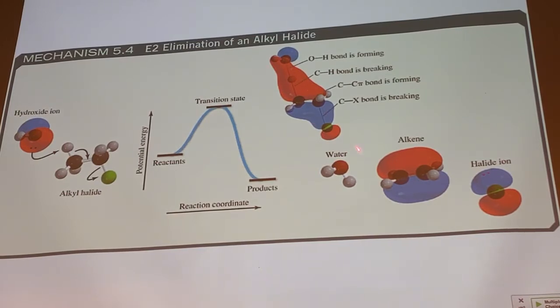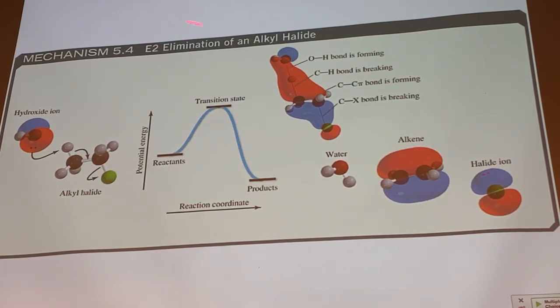And then you see the transition state is kind of complicated because we have more bonds being broken and formed than we've seen before in a single step. At this transition state, we have an oxygen-hydrogen bond that is forming, a carbon-hydrogen bond that is breaking, a carbon-carbon pi bond that is forming, and a carbon-halogen sigma bond that is breaking.